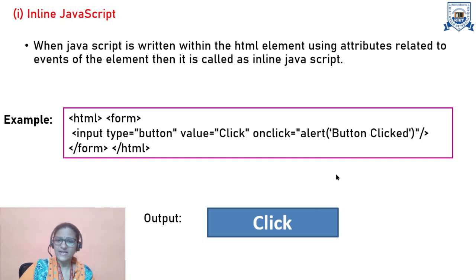So as soon as we click on the button, there will be an alert. A message will come, button clicked, and an alert window will appear like this. The button will be there and its value is click. So as soon as we click it, the alert window appears with the message button clicked. Okay, so we can perform it in our example.